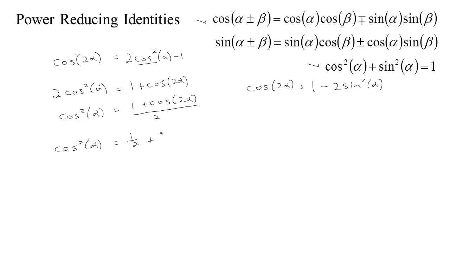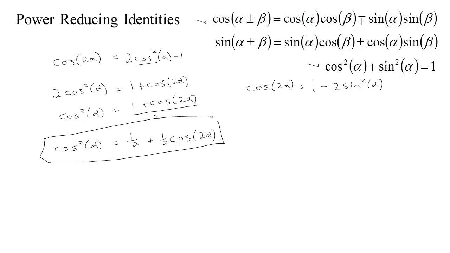Cosine squared is 1/2 plus 1/2 cosine 2 alpha. We'll see that this is a very handy identity. What it does is it reduces the power on the cosine. So instead of having cosine squared, now we just have a plain cosine. So that's a very useful identity.